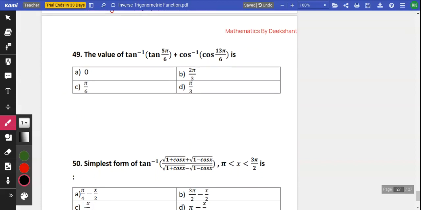In this question, find the value of tan inverse tan 5 pi by 6 and cos inverse cos 13 pi by 6.